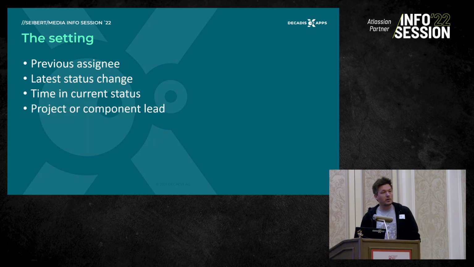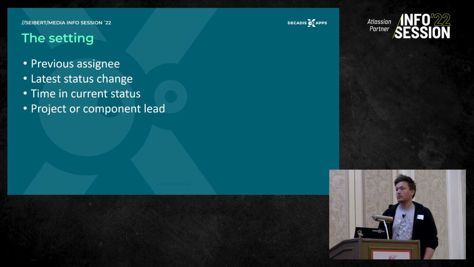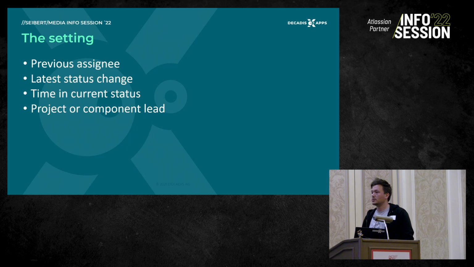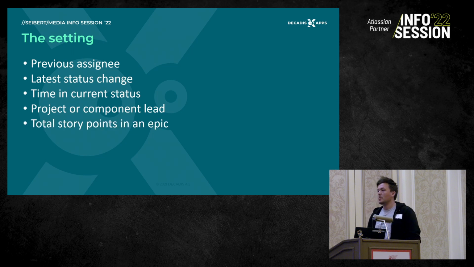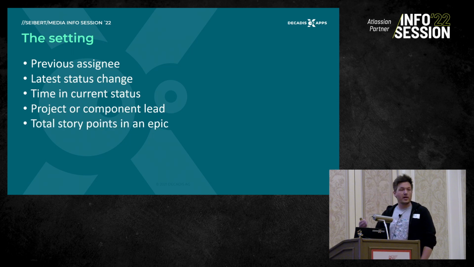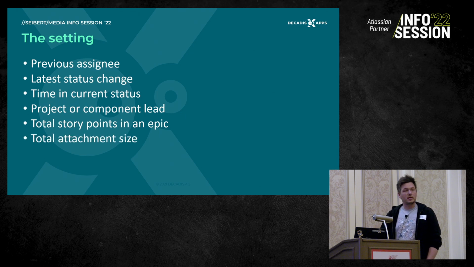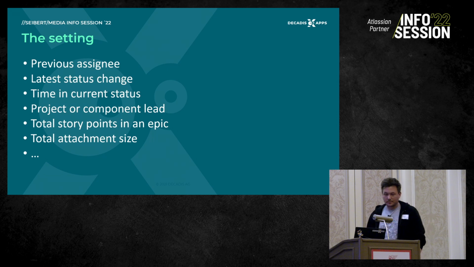The project or the component lead might sometimes be worth looking up, or information that a user would like to access in an easy way. But also some kind of aggregated data, like the total story points in an epic, the total attachment sizes, etc. So you name it, there are lots of levels of information that are not that easily available.